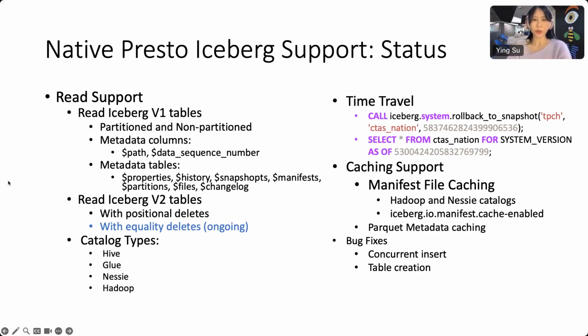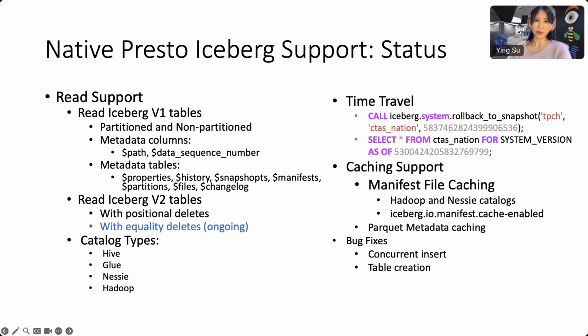And we have also built in some caching support, for example, the manifest file caching, so that getting the metadata of a table doesn't have to go through the relatively expensive Iceberg APIs.